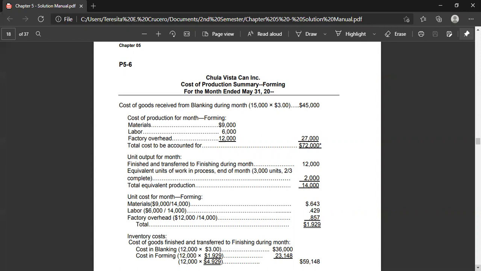Now there's another asterisk to explain the total cost to be accounted for of 72,000. So unit cost for the month, 4.643, 0.429, and 0.857.